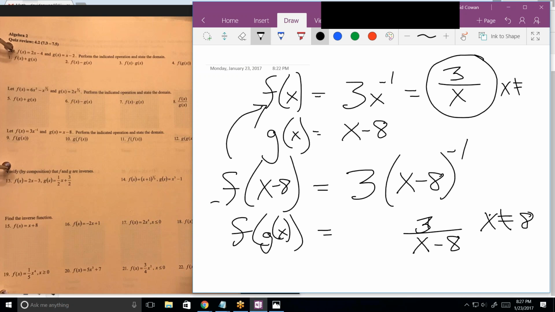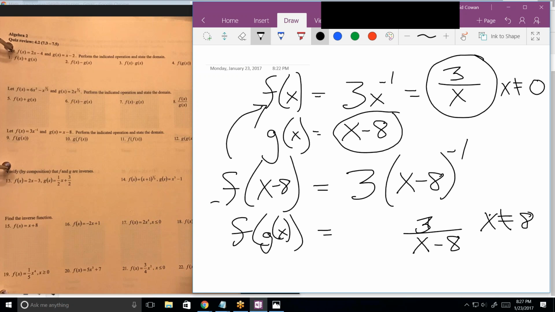That causes you to violate the first rule of mathematics. That's always what you're looking for. So x cannot be 0 based on f of x, and x cannot be 8 based on f of g of x. Now, in terms of g of x, there are no domain restrictions there. That can be all real numbers.